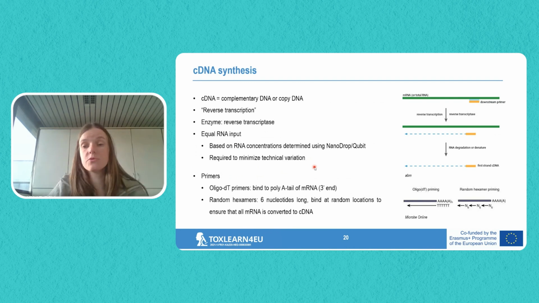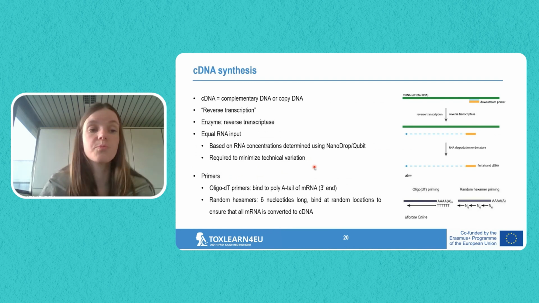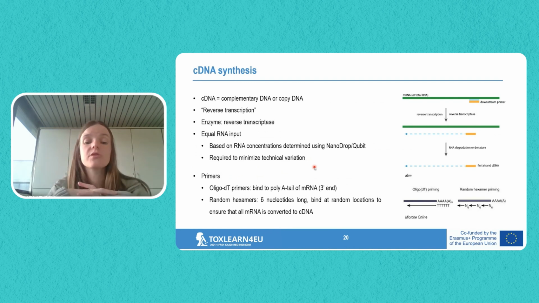So prior to being able to perform a qPCR reaction, we need to convert our messenger RNA into cDNA, because of course we cannot perform PCR reactions on RNA. So what we will do is convert our messenger RNA into cDNA. And cDNA stands for complementary DNA, or also copy DNA.